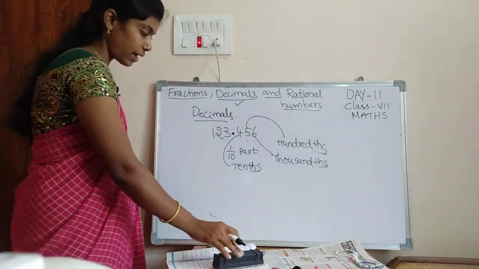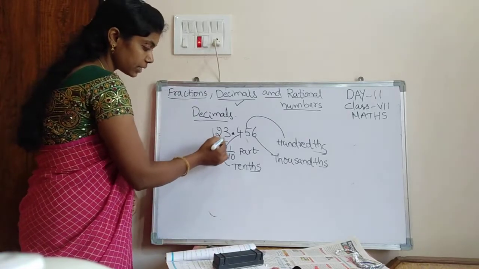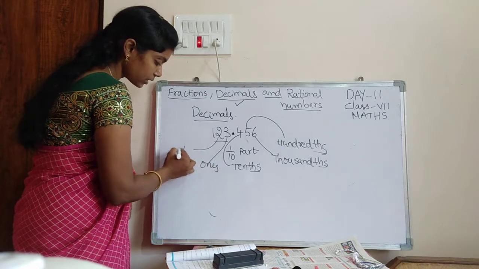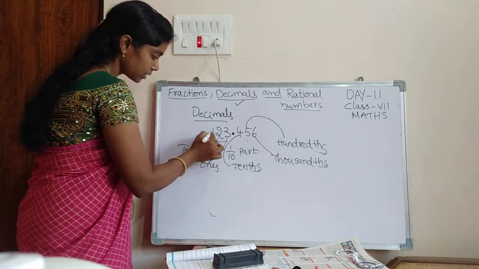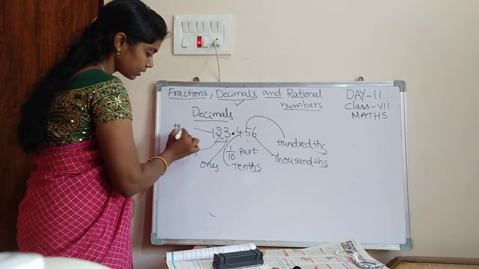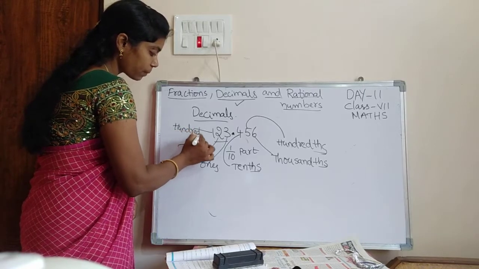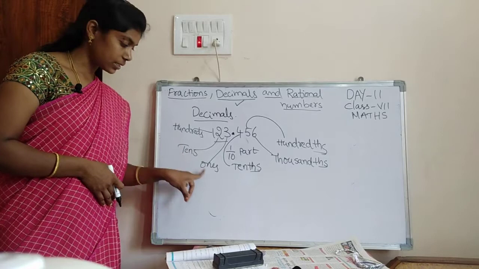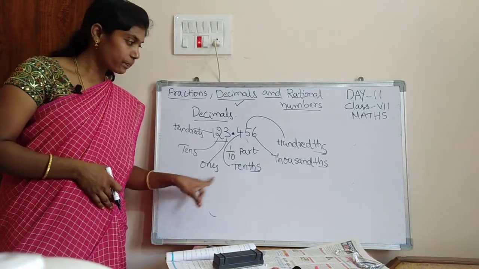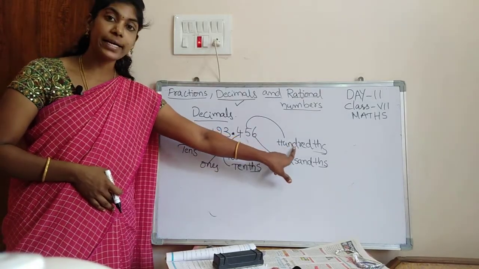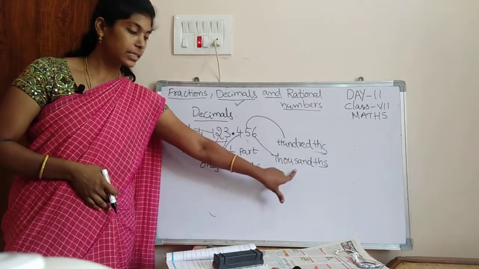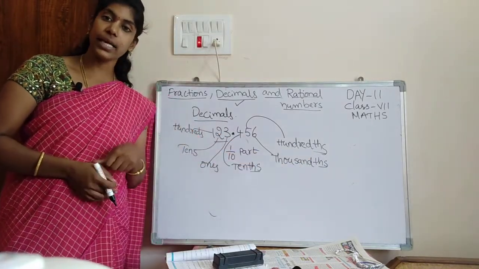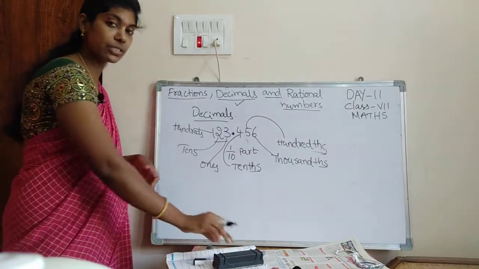Keep that in mind. On the whole number side it is as it is: ones, tens, hundreds. These are the normal spellings. Here we have hundredths, thousandths, tenths; we are adding TH to these.